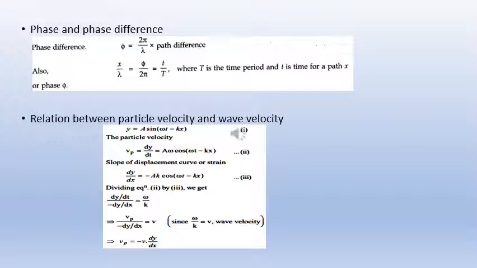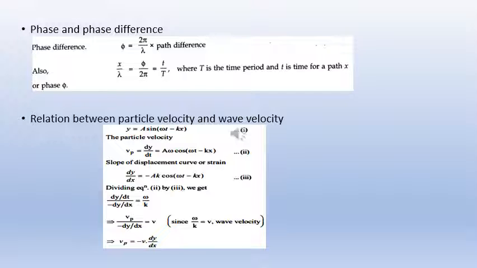For the equation y = A sin(ωt − kx), the particle velocity is dy/dt. Differentiating, we get Aω cos(ωt − kx). Now dy/dx, the slope, is equal to −Ak cos(ωt − kx).